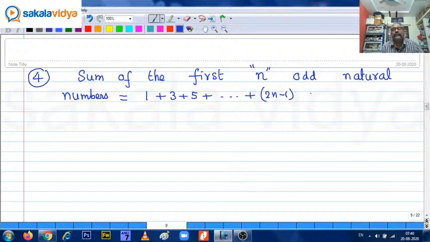So this equals to, we can write sigma 2n minus 1.